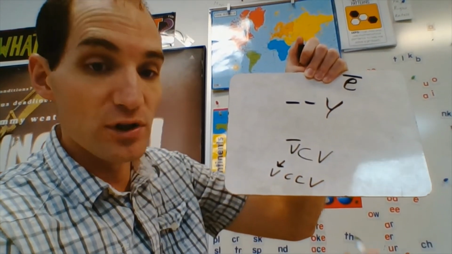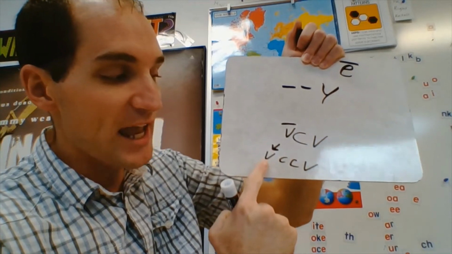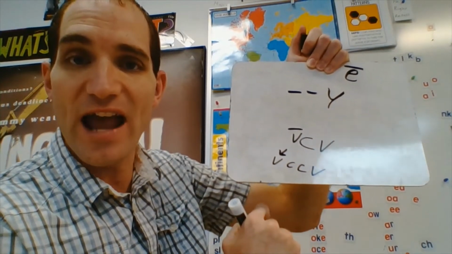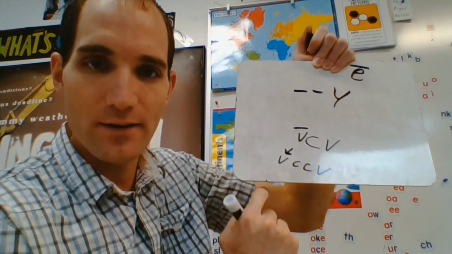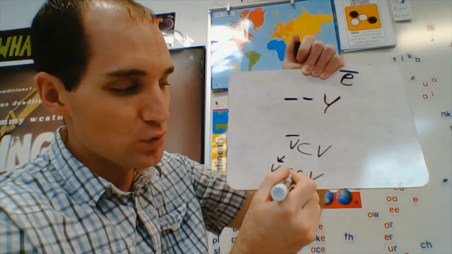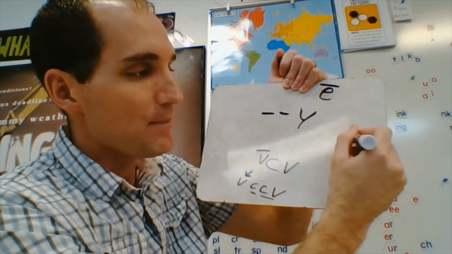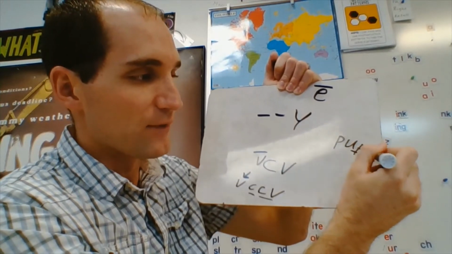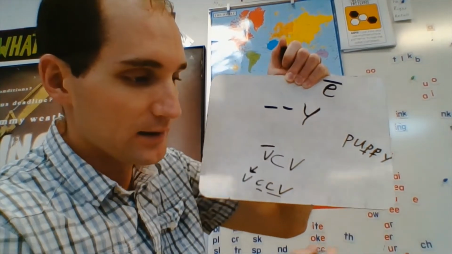So when we're doing a word like puppy, if we want it to say the short vowel sound, remember the short vowel sounds are a, e, i, o, u. If we want it to say its short vowel sound, we got to make sure there's 2 letters right there. That's why puppy has 2 P's. And of course a Y, not an E.